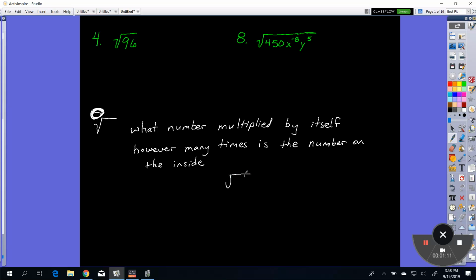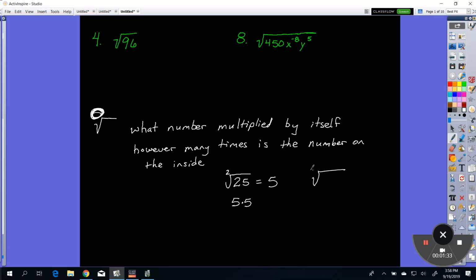So if I have the square root of 25, even though it's understood, there's a little 2 here. What number multiplied by itself twice is 25? So 5 times 5. So 5 is the number multiplied by itself that gives us 25.